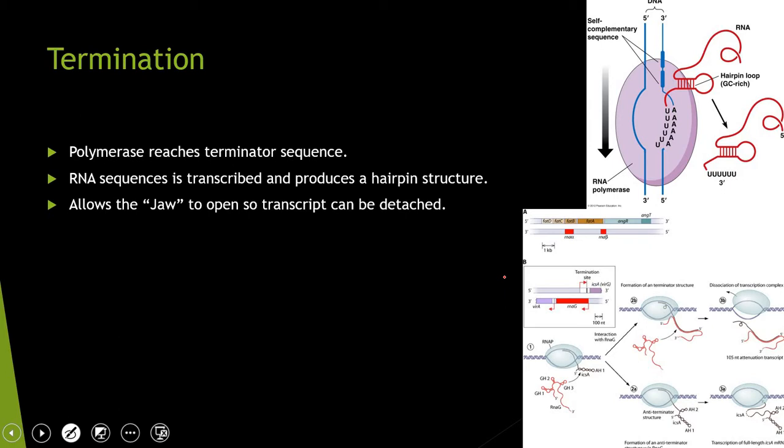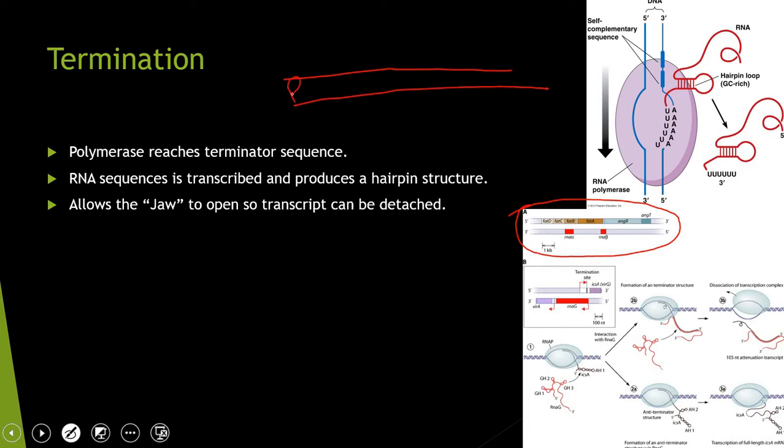And now you have termination. So that polymerase continues to slide down the DNA until it reaches something called a terminator sequence, right? We're not going to go into all these different genes and the specifics, but you have the promoter here, and it continues until at the end you have the terminator down here, right?